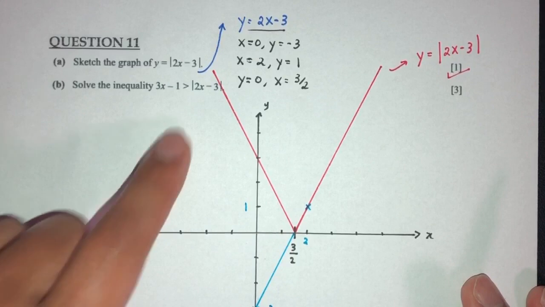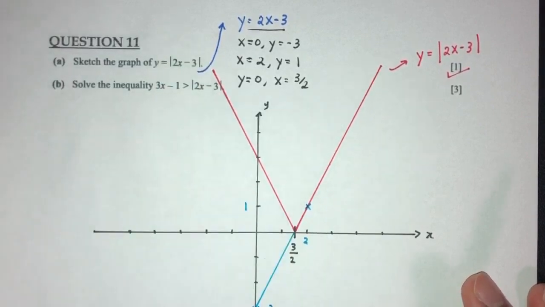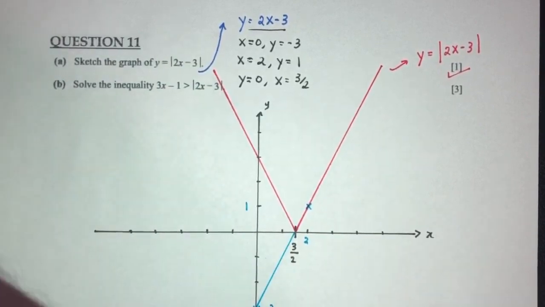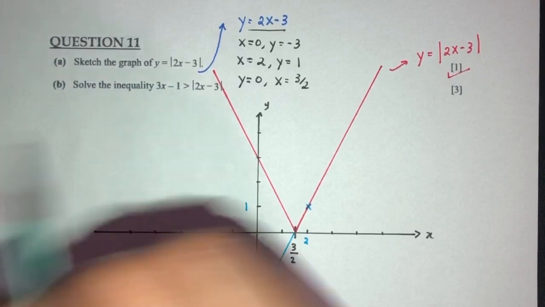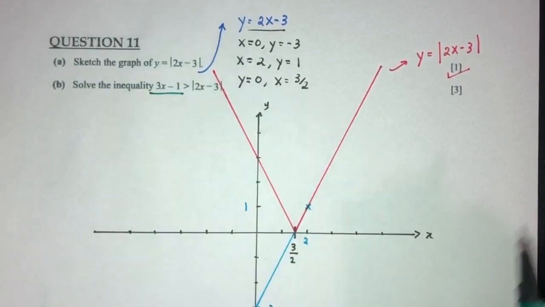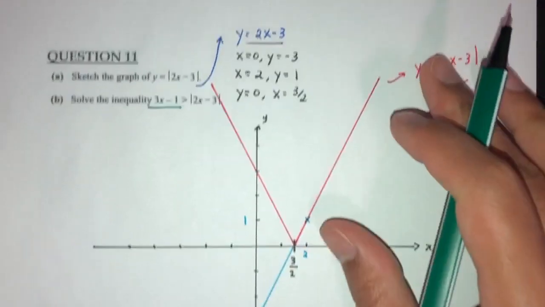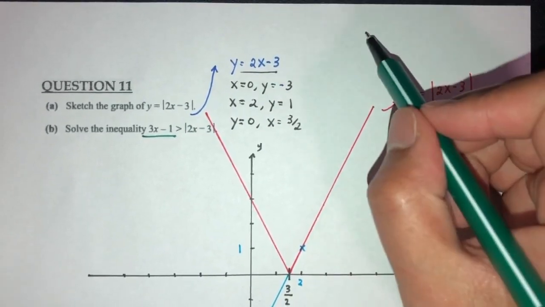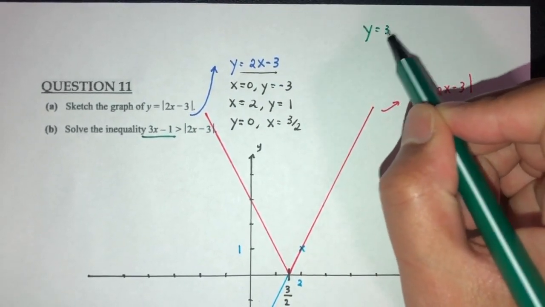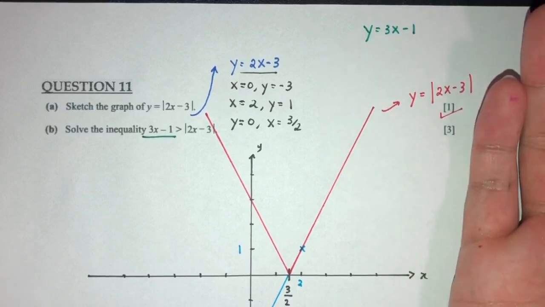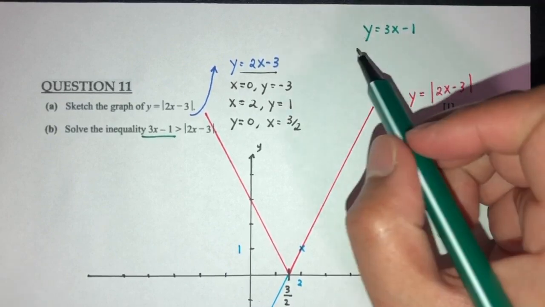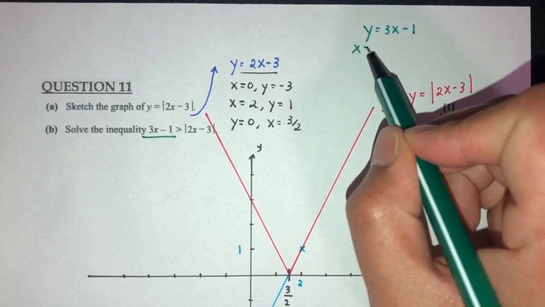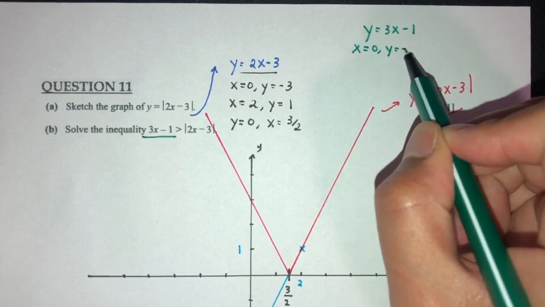Now, as you can see, we have sketched this one already, which is the red one. Now let me use a green color to sketch this graph of y equal to the value of 3x minus 1. Again, how do you sketch a straight line? We use two passing points. When x is 0, the value of y is minus 1.